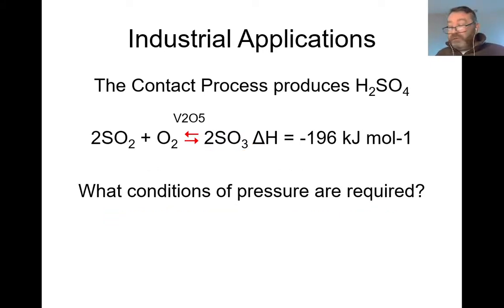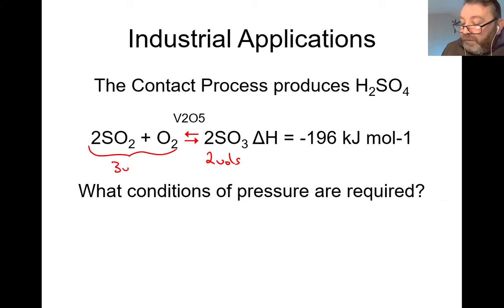What about the conditions of pressure? Well, in this case, if I want to move over to the right-hand side, notice that the right-hand side only has 2 volumes, whereas the left-hand side has 3 volumes. So if I want to move over this way, I'm going to have to try and get equilibrium to move over to the smaller side. To get equilibrium to move to the smaller side, I have to increase the pressure.